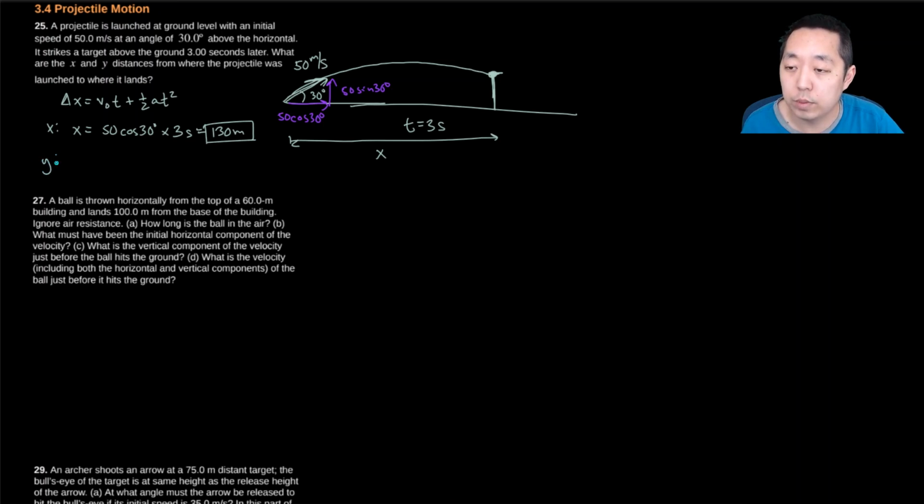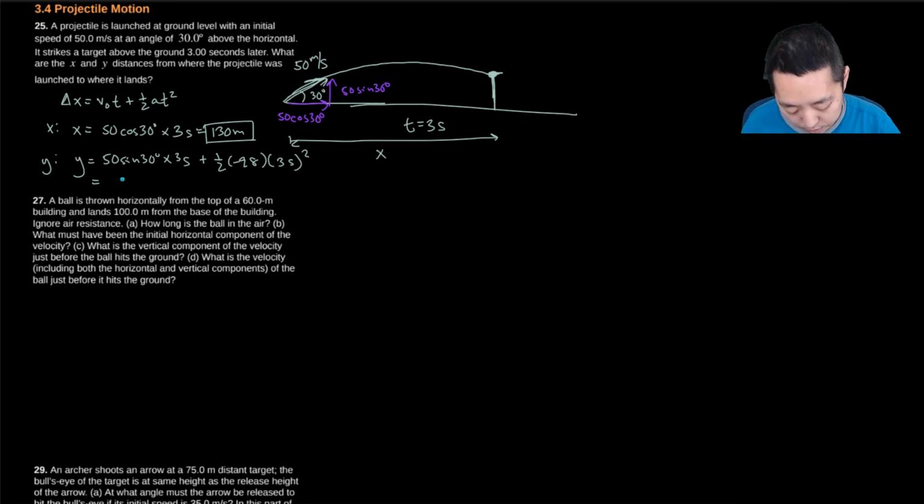In the y direction, we use the same equation, except the initial velocity in the y direction is 50 sine 30 degrees. The displacement vertically is 50 sine 30 degrees times 3 seconds. If upward is positive, then downward is negative, so we do have acceleration in the y direction: plus 1/2 times negative 9.8 times 3 squared.